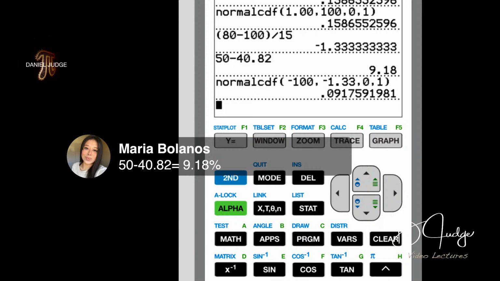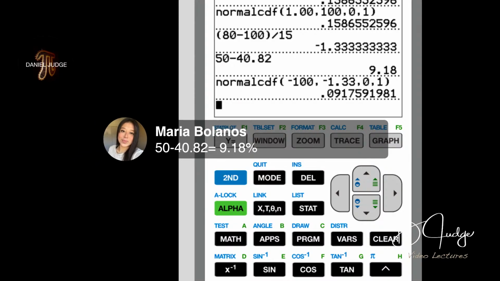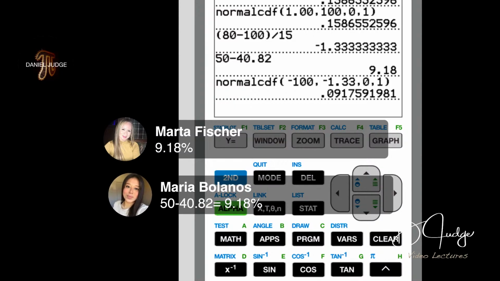Because if we approximate this to, again, the nearest 10,000s, the 7 digit is in the 10,000s position. Look to the right, the digit is a 5. Add 1 to 7, and you get exactly what Maria has. You get exactly what Marta has, okay? Using the TI. That's the same answer.